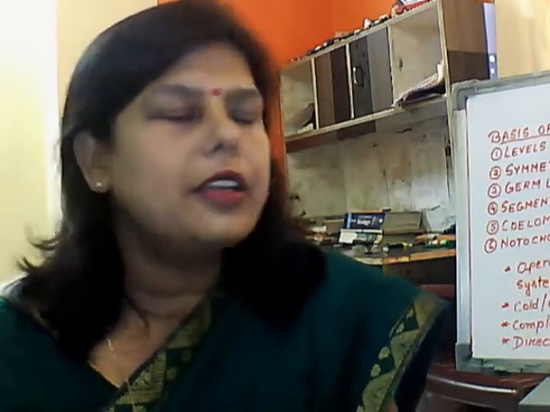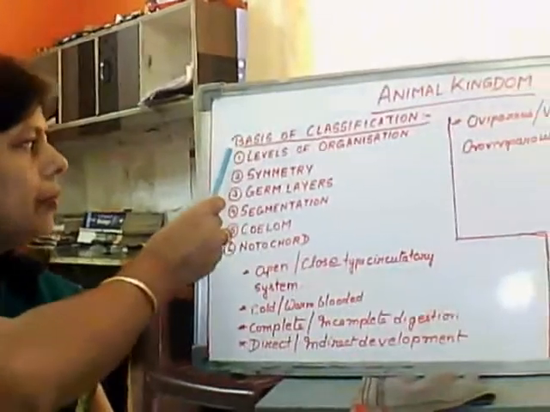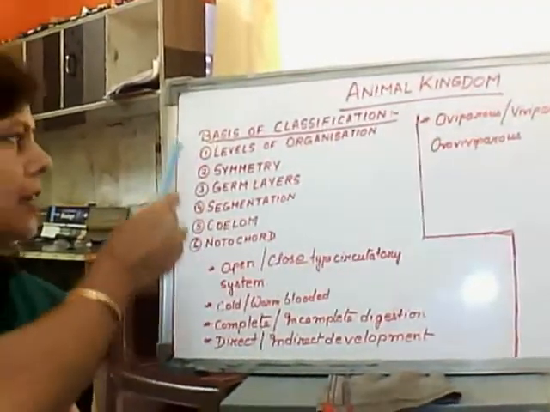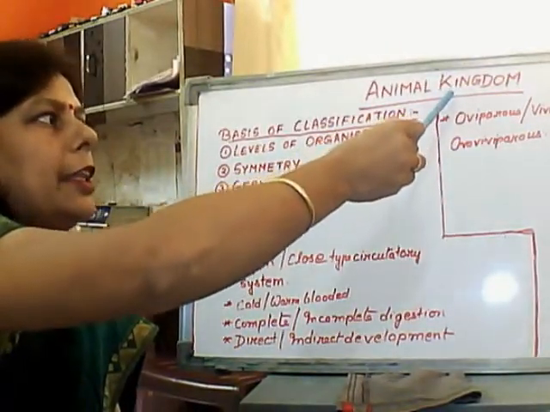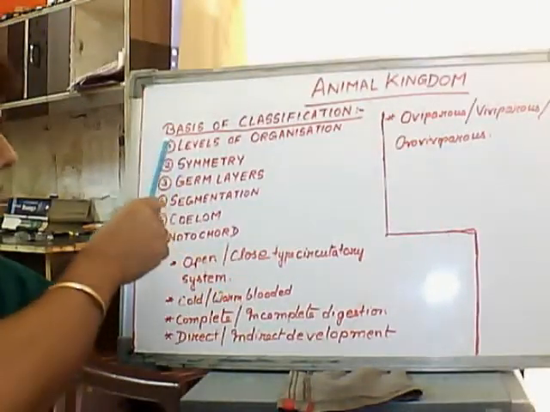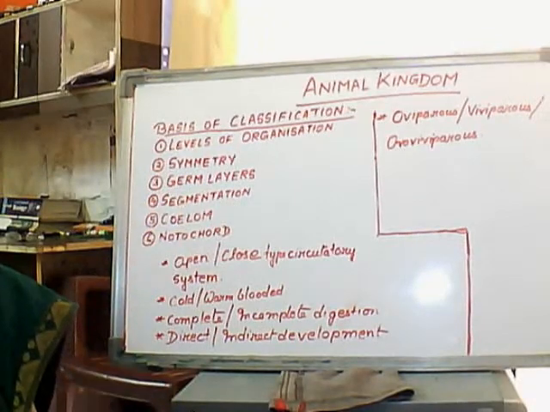So the characters are, you just see here I have written the basic characters based on which this whole animal kingdom has been classified. Now the first character is the level of organization.